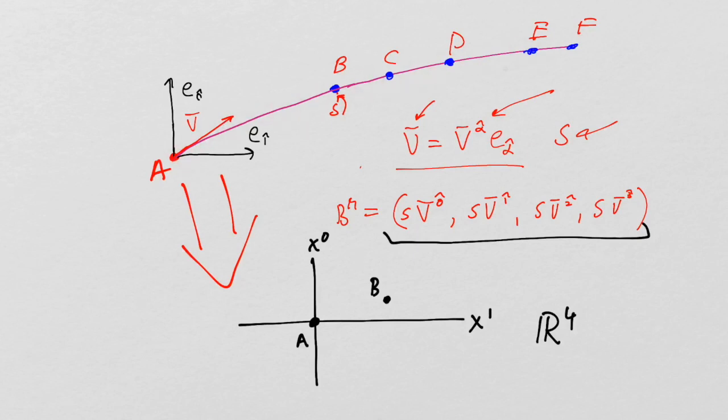So S changes, and all that means is the components get a little bit bigger, because presumably S is a little bit bigger for C than B. So C is going to be right here, and likewise D is going to be right here, and E and F in the coordinates. So you end up with a perfectly straight line in R4, right? So that's the key.